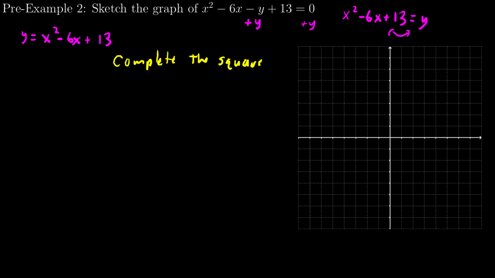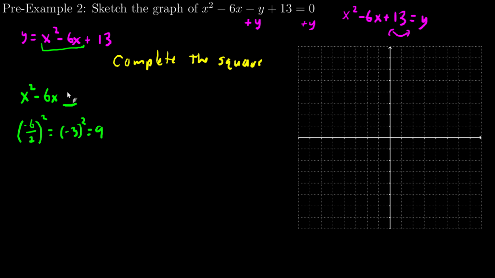Now there are two ways I've seen to complete the square. The strictly algebraic way, which is not the way most of my students end up doing it, is to look at these terms and say, okay, I have x squared minus 6x. I need to figure out what I need to put here to make a perfect square. The method is I do the b term over 2 squared, which is negative 3 squared, which is 9.